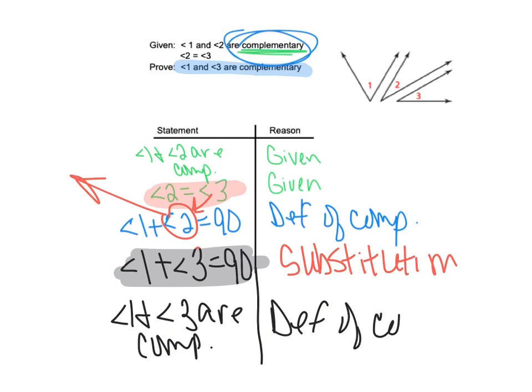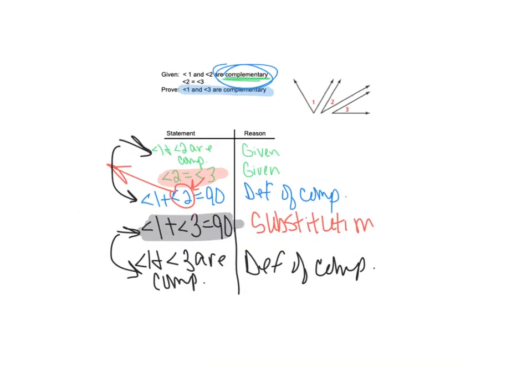Remember, it is biconditional. Up here, we said that if they are complementary, then they add up to 90 degrees. Here, we're saying if they're 90 degrees, then they are complementary. So it goes both ways.